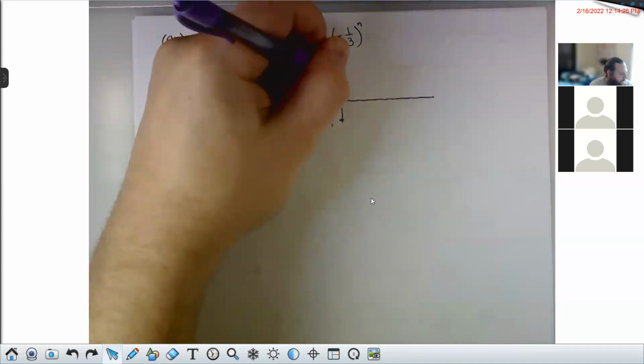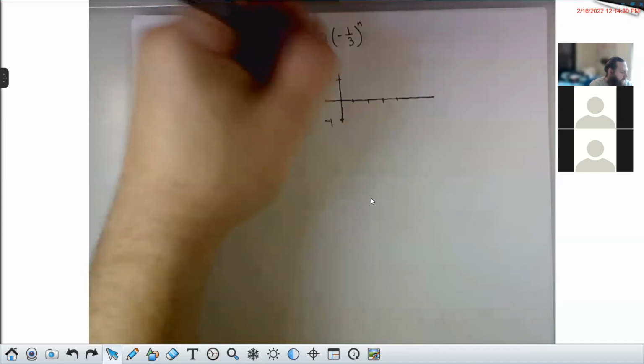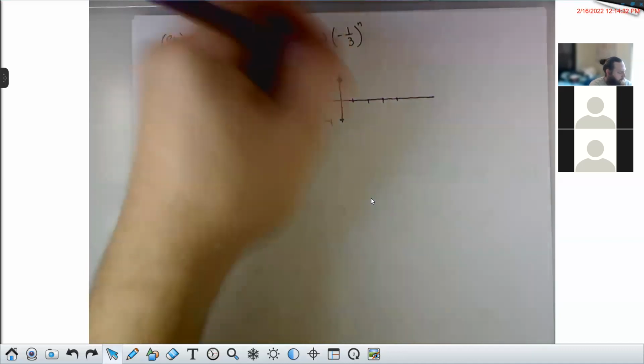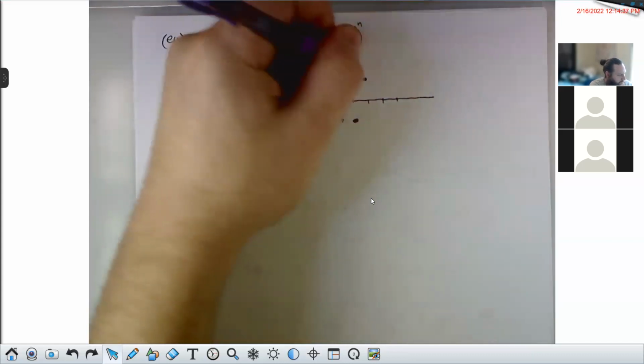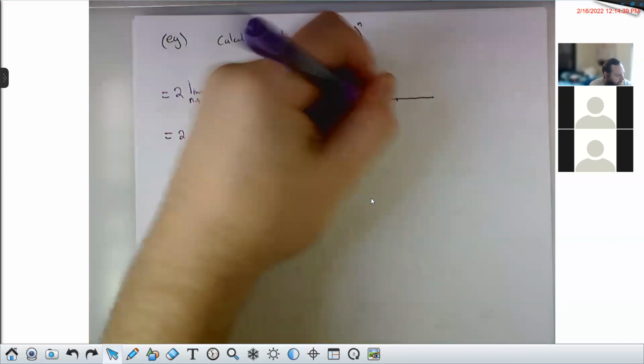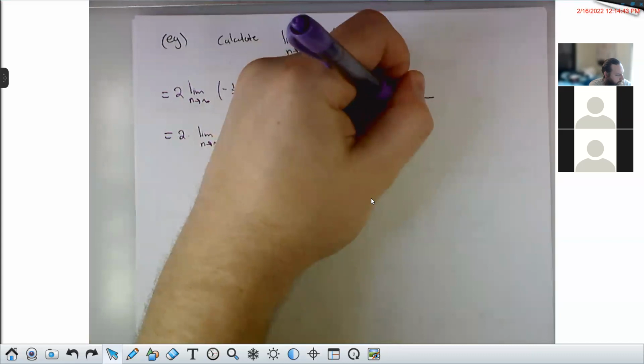So -1 to the 0 is positive. -1 to the 1 is negative. -1 squared is positive. -1 cubed is negative. -1 to the fourth is positive. And it just keeps doing this.